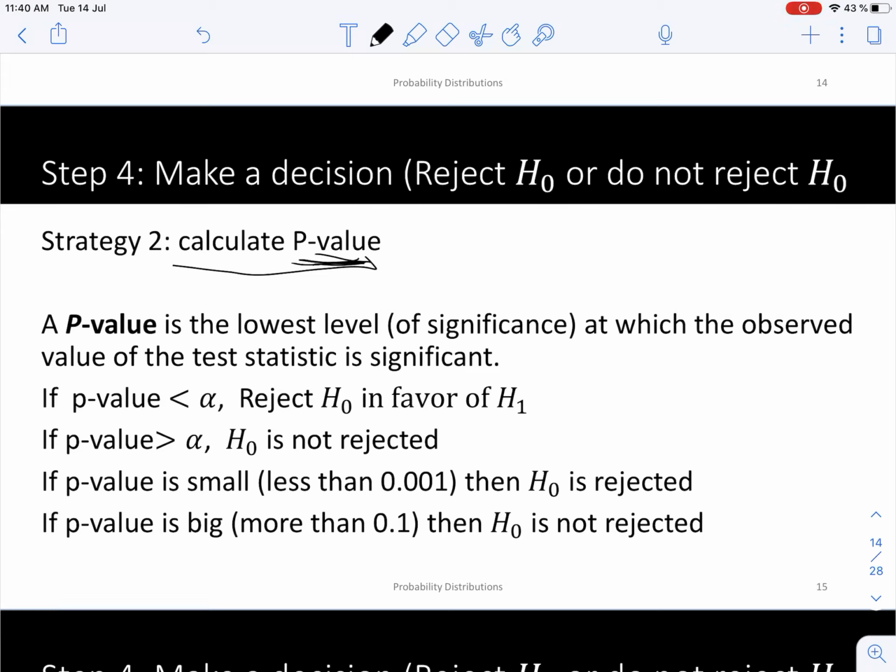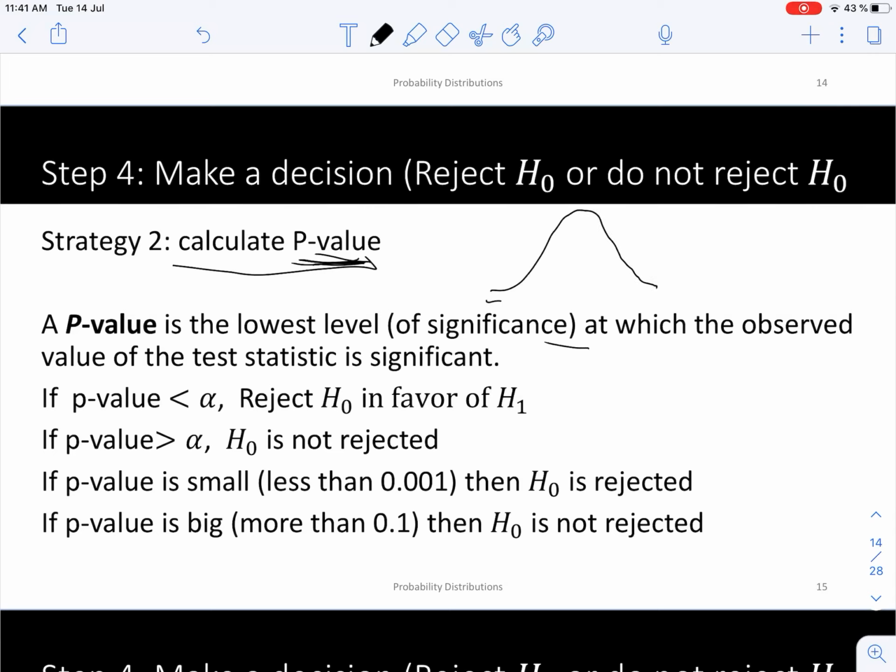If we read the definition of the p-value, it doesn't make a lot of sense at the beginning. It says that it's the lowest level of significance at which the observed value of the test statistic is significant. So it's like a riddle at this point. But let me show you an idea on how it works.